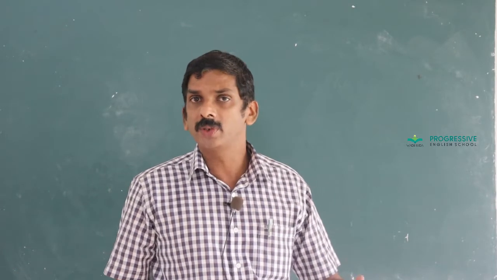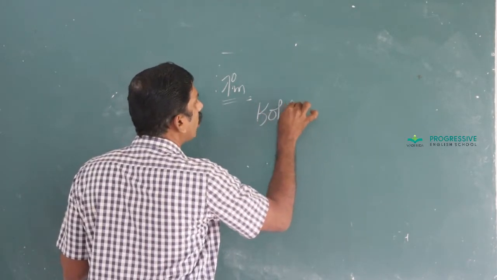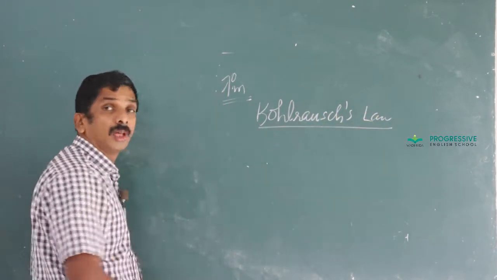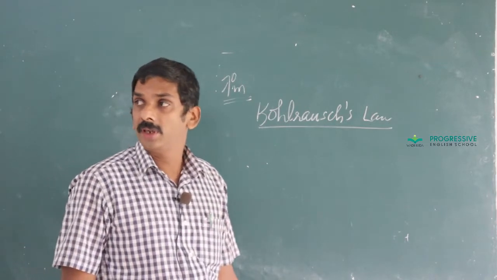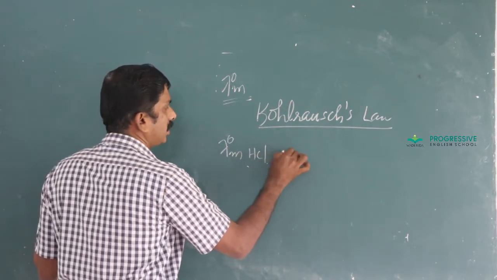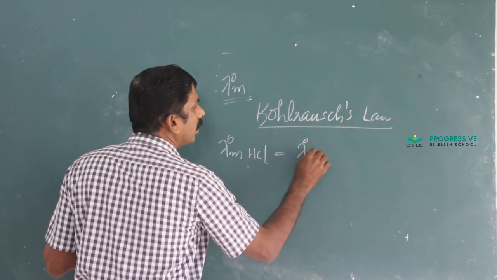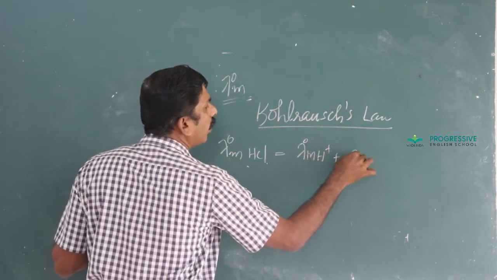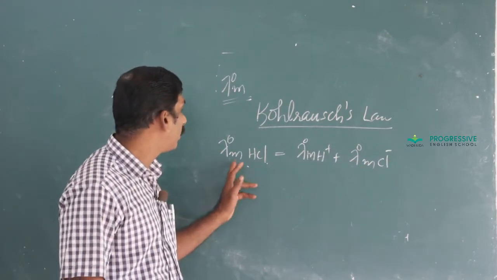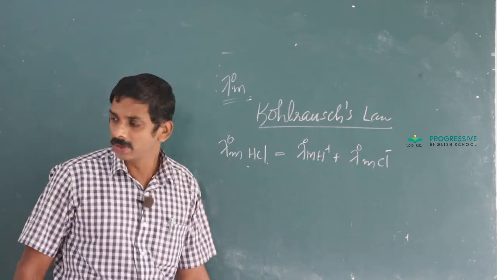For that we adopt an indirect method that is based on Kohlrausch's law. Kohlrausch's law states that the limiting molar conductivity, or lambda 0m value, of an electrolyte is taken as the sum of the ionic conductivities of anions and cations. For example, lambda 0m HCl equals lambda 0m H plus plus lambda 0m Cl minus.